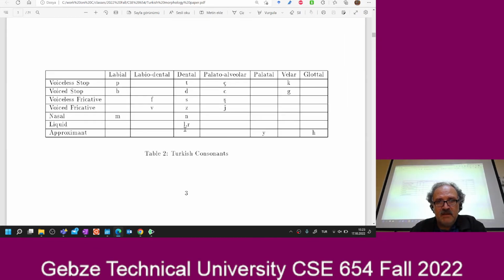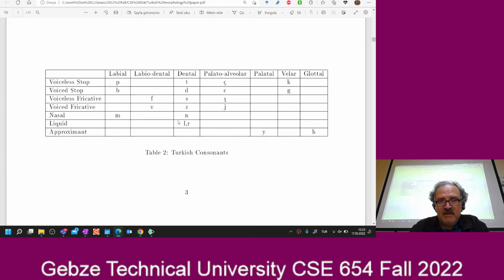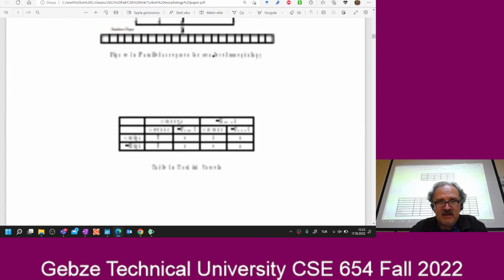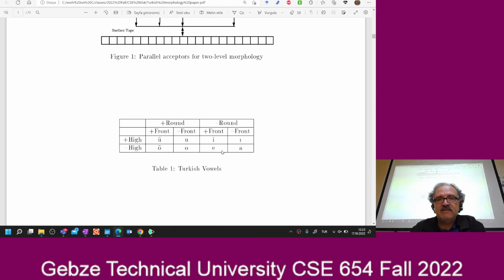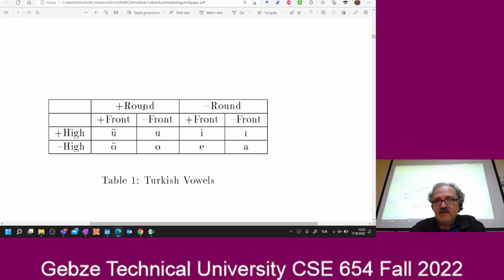These are the consonants that we use in Turkish, and these are classified as, for example, this dental T and voiced stop. And these are the vowels, and I'm going to show you the classification, why we classified it this way.